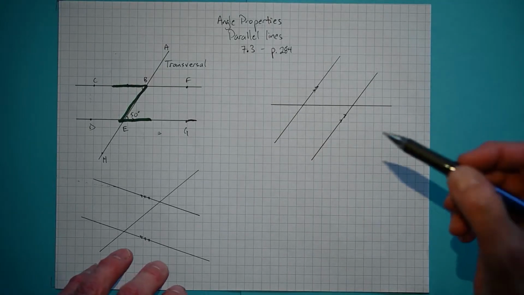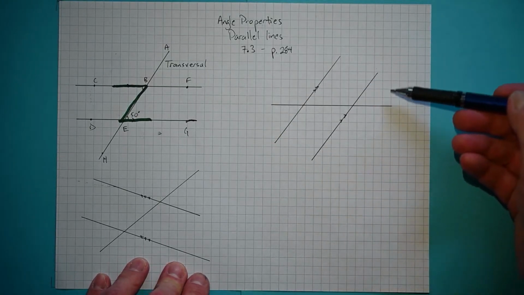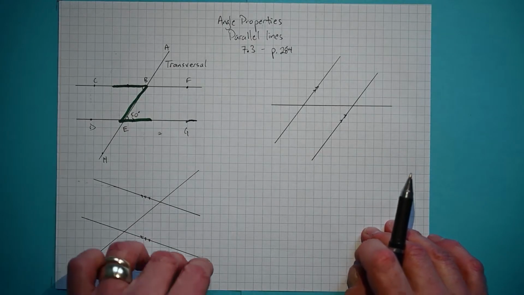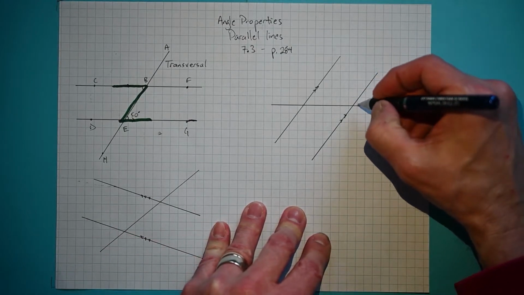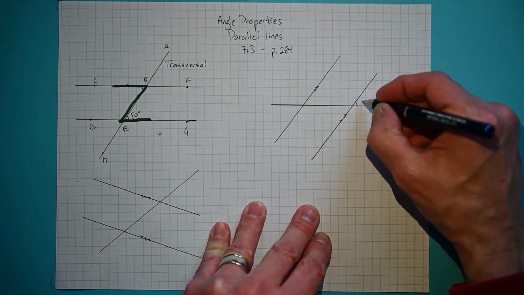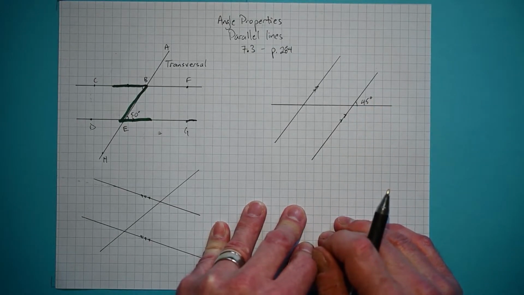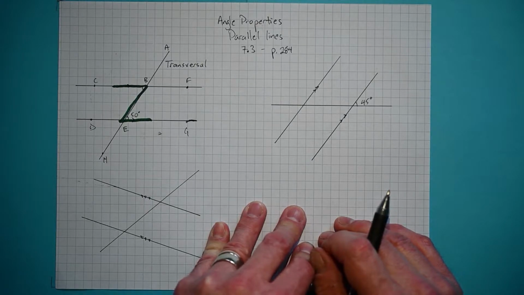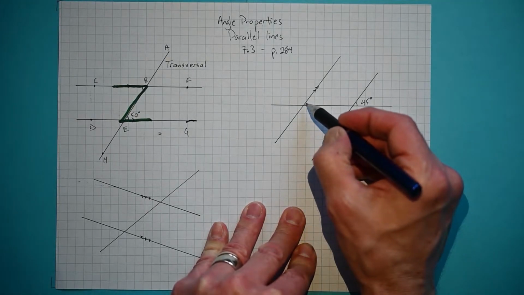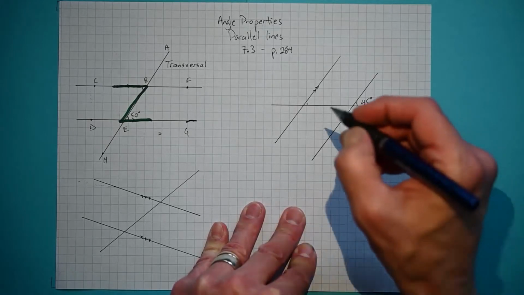Another one we can look at, I'll set it up over here for you. You might notice if I was given this angle over here, and let's say that was 45 degrees, you might notice another one that looks very similar. Of course there are a few, but I'm thinking about this one over here.